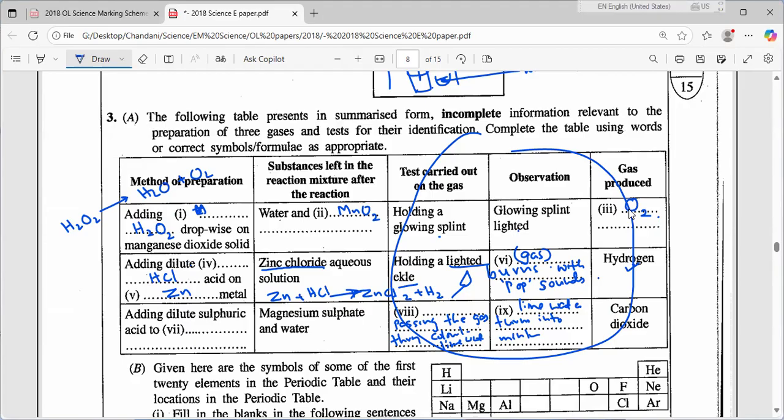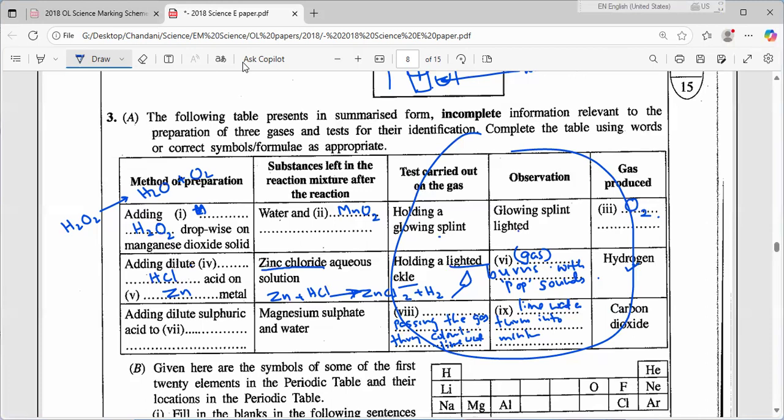For carbon dioxide, some people just use the fire extinguishing nature after bringing a flame, but that is not the method of identifying carbon dioxide. To identify carbon dioxide, we need to pass the gas through lime water. The color of the lime water is colorless, and after passing the gas through the lime water, it turns milky.